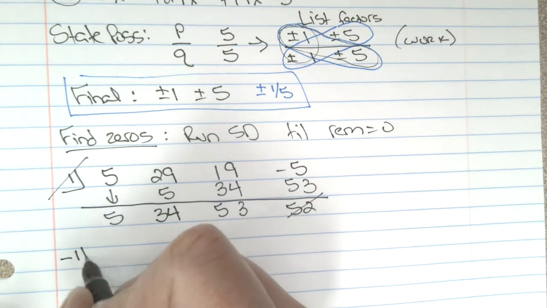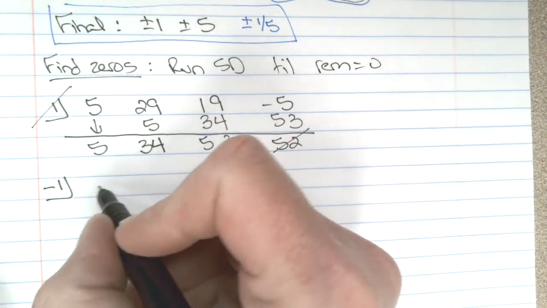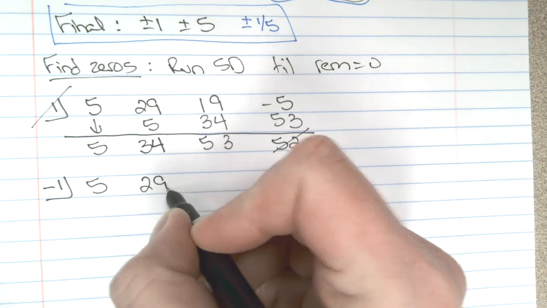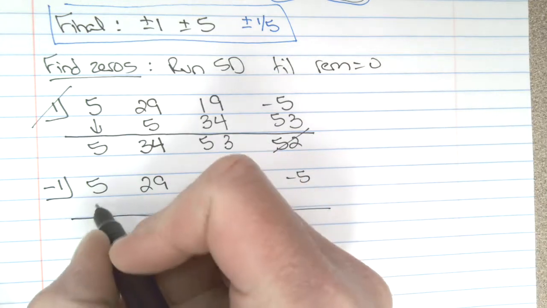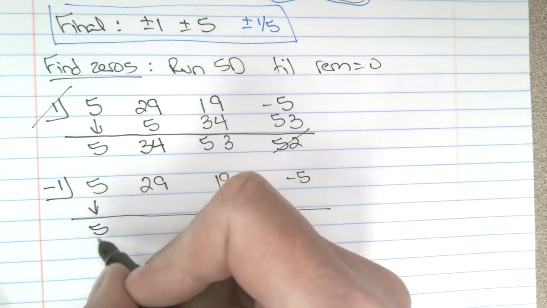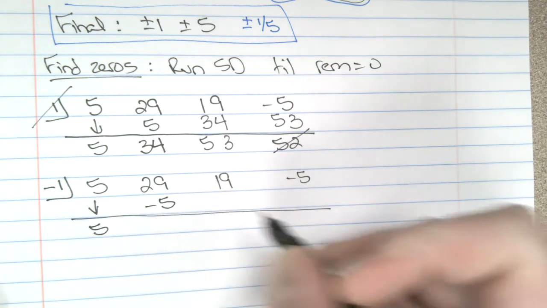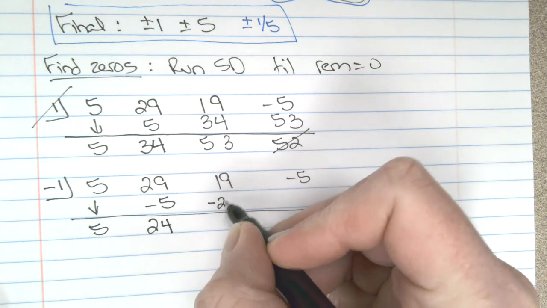Okay? Move on to negative 1. See if that one works. 5, 29, 19, negative 5. Bring it down. Multiply. Negative 1 times 5 is negative 5. Add. Multiply.